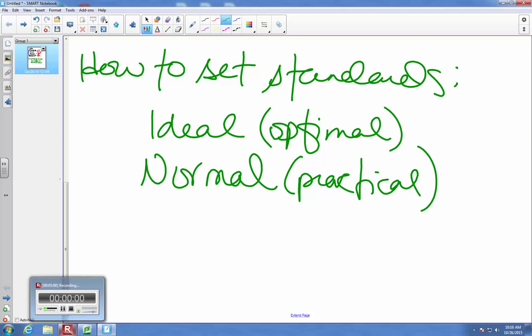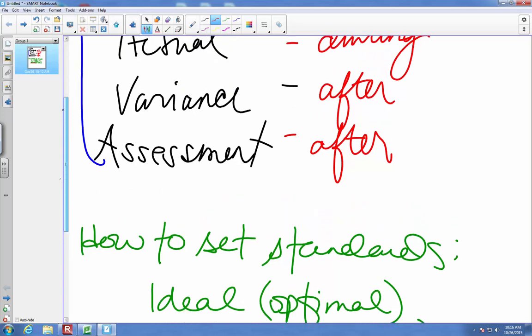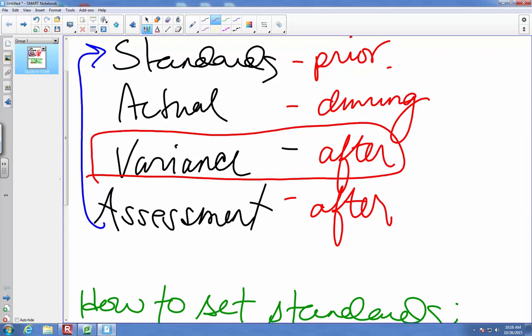Obviously, based on the picture I just painted, this sends a message, because also, let me back up and say this: many organizations will bonus based upon variance calculations.